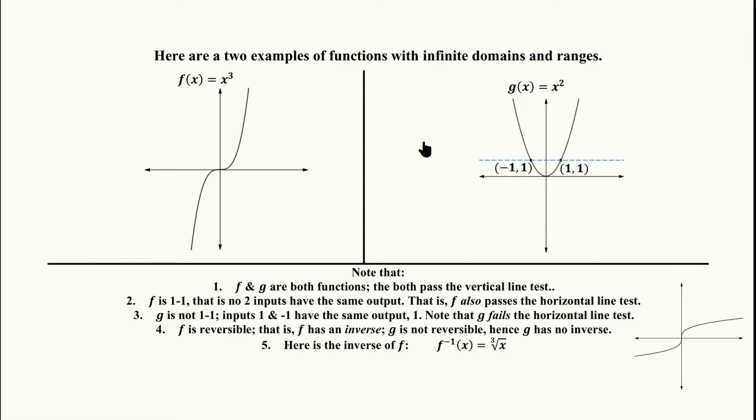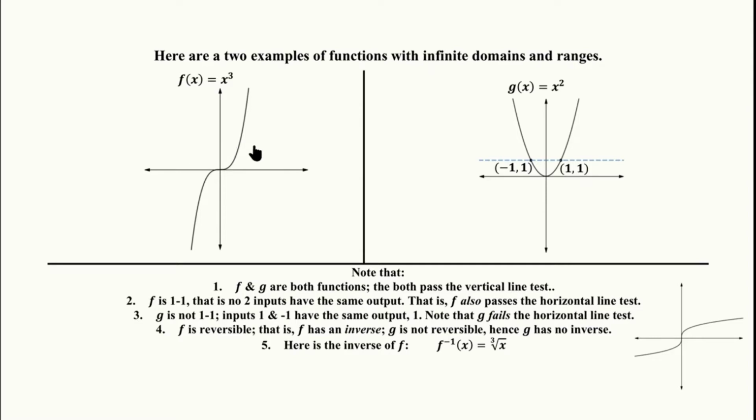Therefore, they both pass the function test. However, notice that f also passes another test, and that test we call the horizontal line test. So what that means is that, as we said in the previous screen, not only does no input have more than one output, but also no two inputs have the same output.